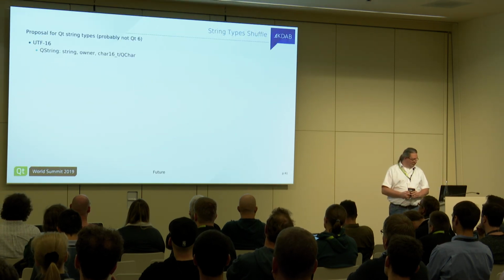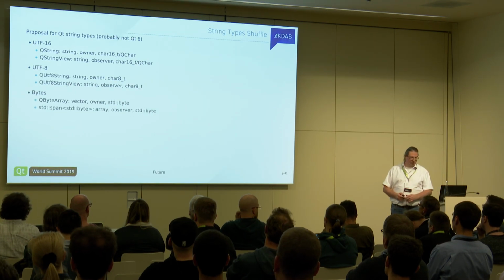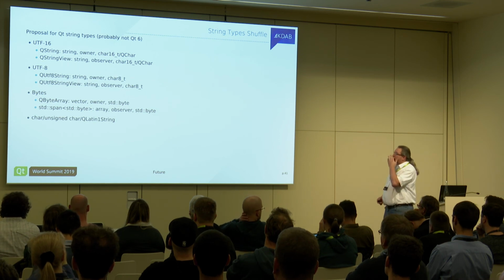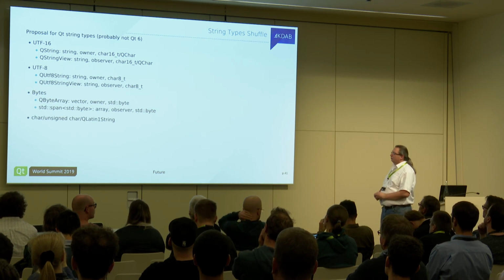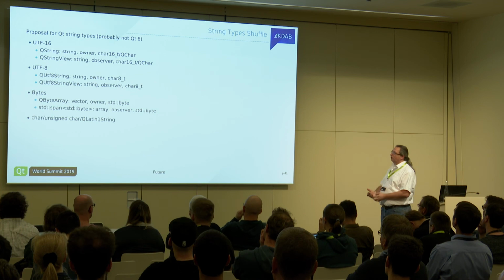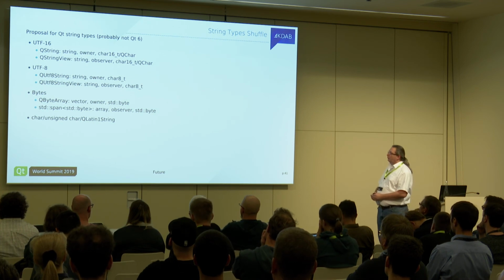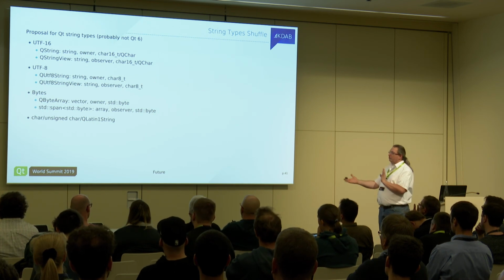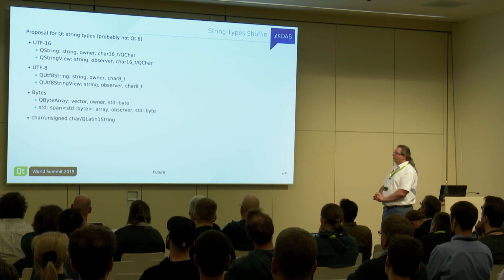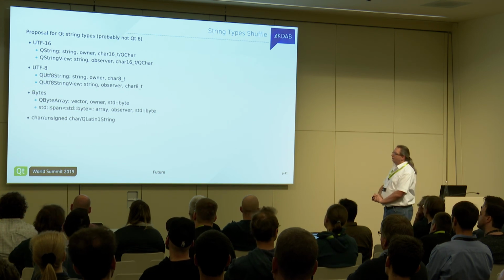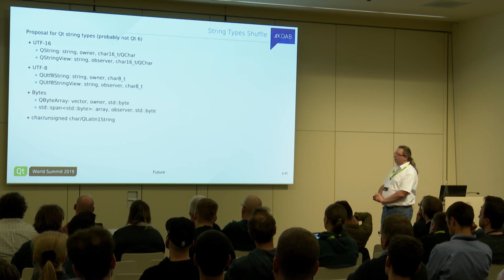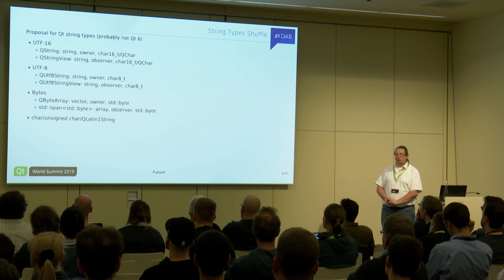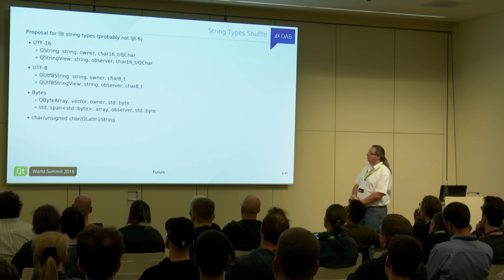There we go. So we already have for this situation for UTF-16, we have QString as an owning container. We have QStringView as an observer, as a view. We want QUtf8String over char8_t, if we can afford char8_t support to be required, which is a C++20 feature.